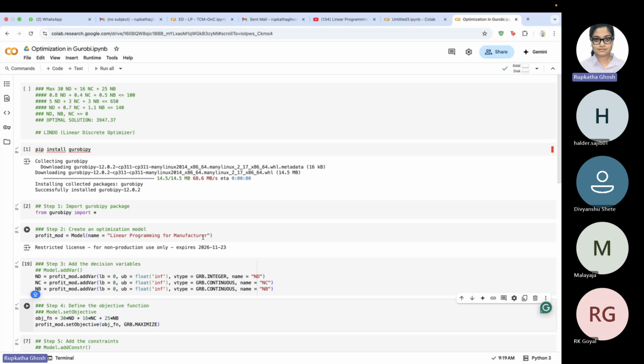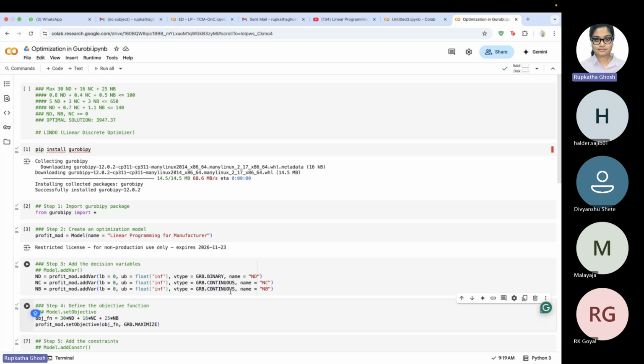There are three things I wanted to specify. If it is a pure integer variable, you specify GRB.INTEGER. If it is a pure binary variable, then you specify GRB.BINARY. And if it is a continuous variable, just like this, you specify GRB.CONTINUOUS.